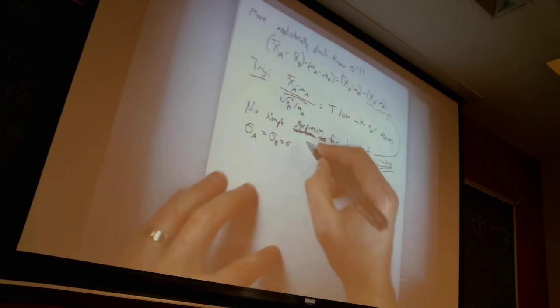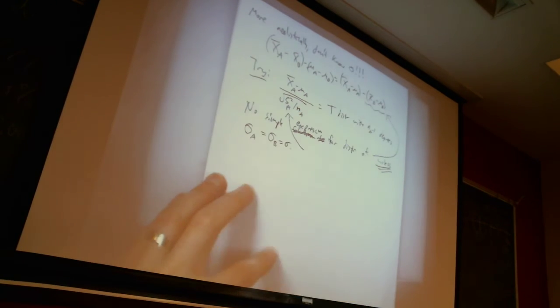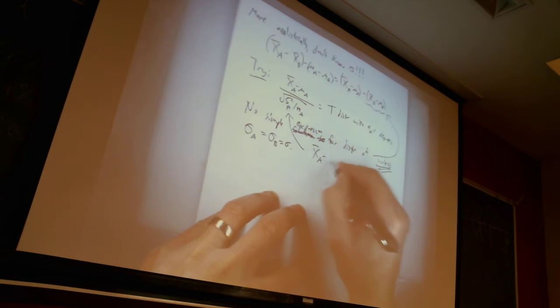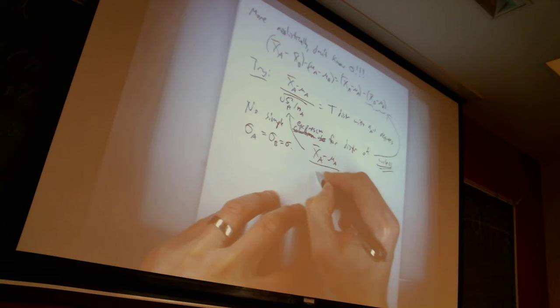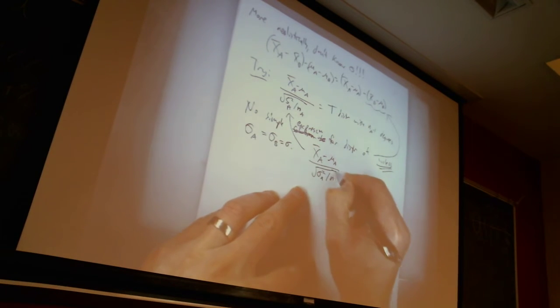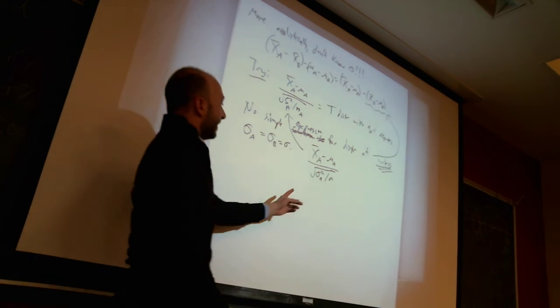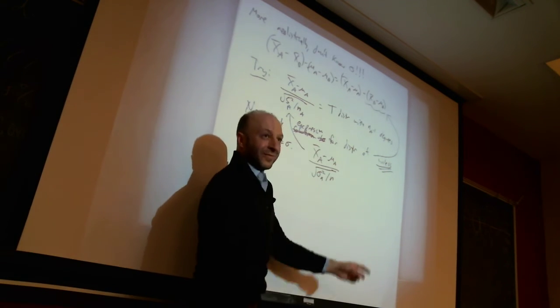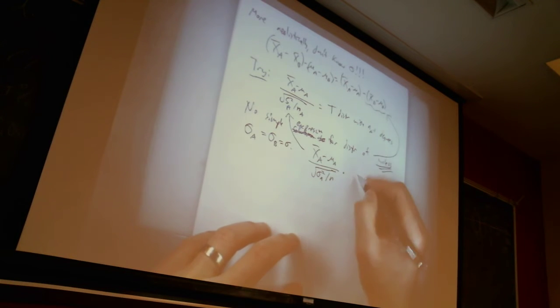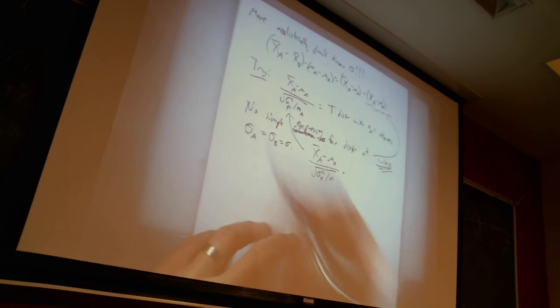Do you remember why this is a t distribution? It's a t distribution because xa bar minus mu a divided by square root of sigma a squared, whatever sigma a is, is Gaussian. And then we're going to multiply it by 1 over the square root of chi squared.